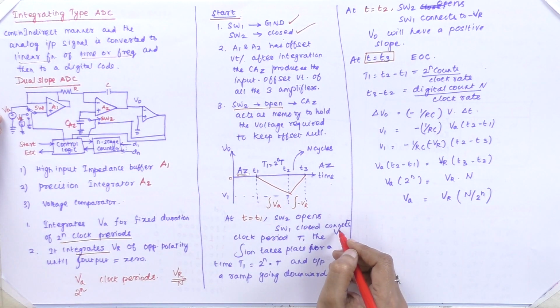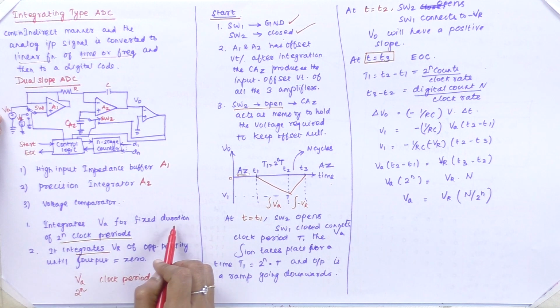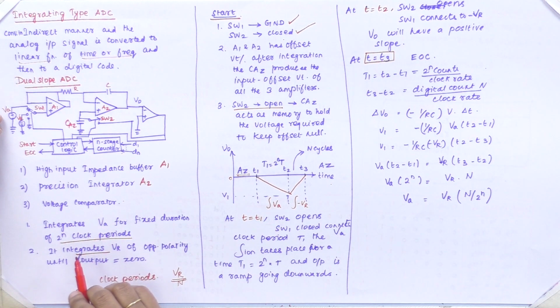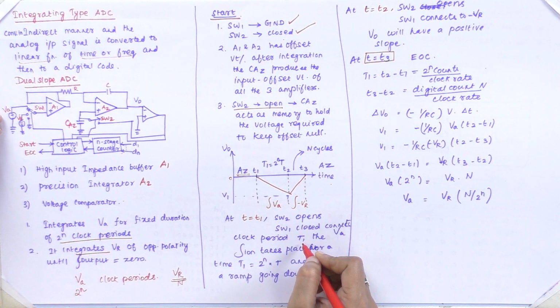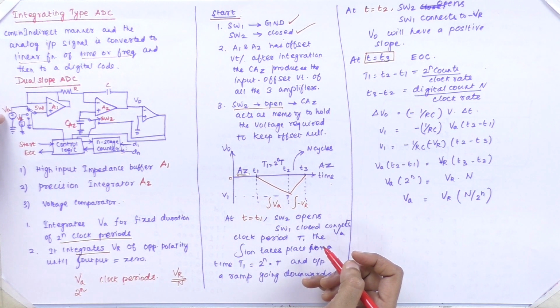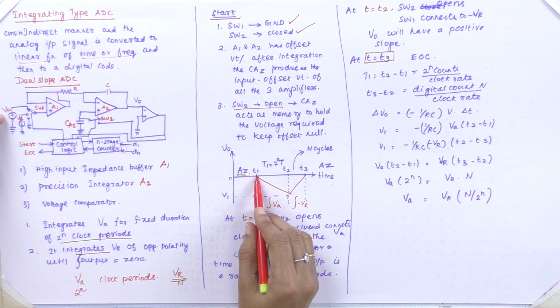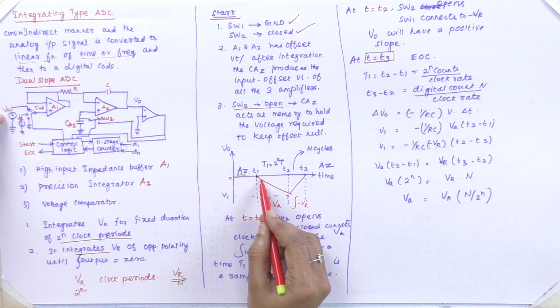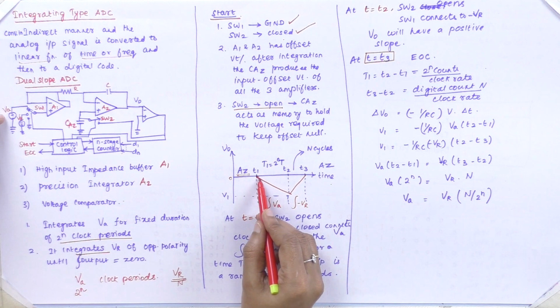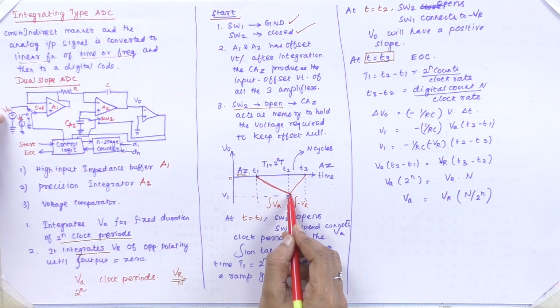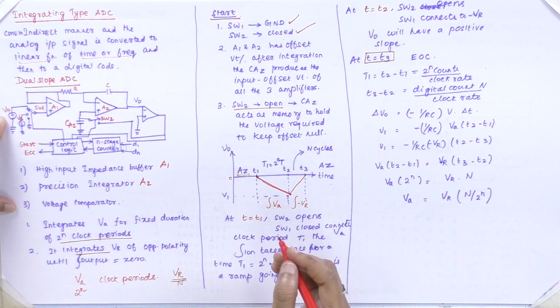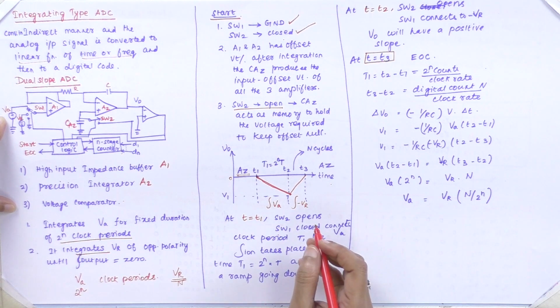The analog signal is integrated for the clock period, and the integration takes place. The integration of VA produces a ramp signal in the downward direction, a linear curve with a negative slope.